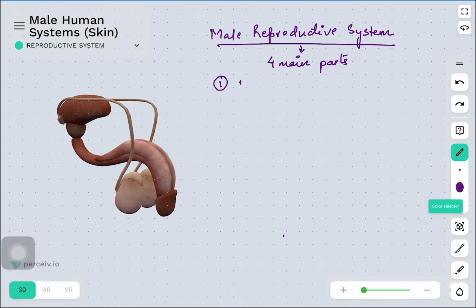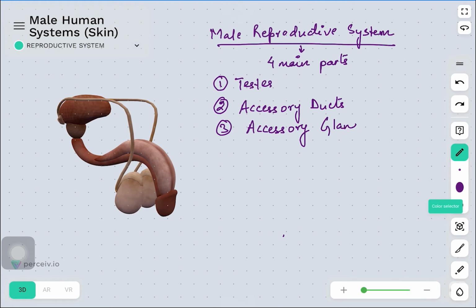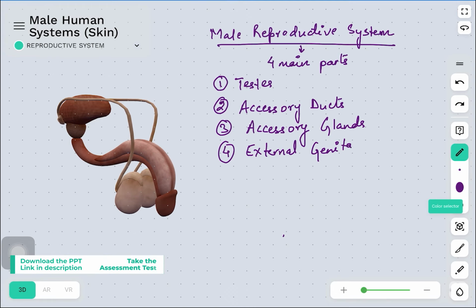The four main parts are the testis, then accessory ducts, then accessory glands, and the fourth is external genitalia. So these are the four main parts of the male reproductive system.